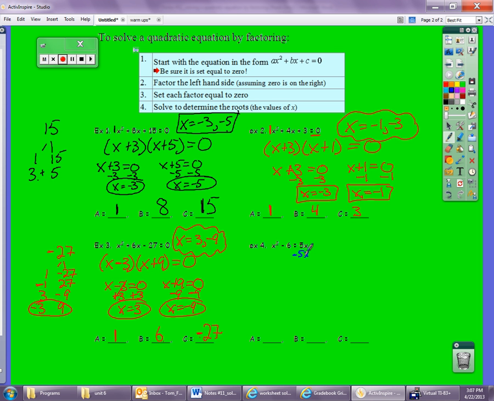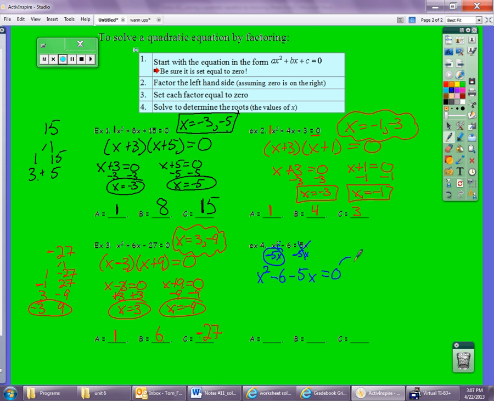But whatever we do to one side of the equation, we have to do to the other side. Now, if I would write x squared minus 6 minus 5x, that's not in the form of ax squared plus bx plus c. So an easier way is to put my negative 5x after the x squared.